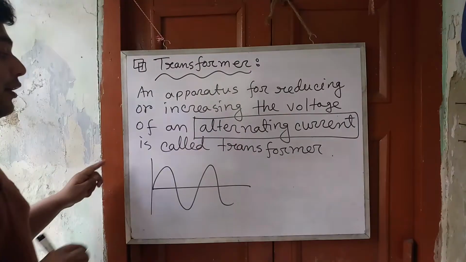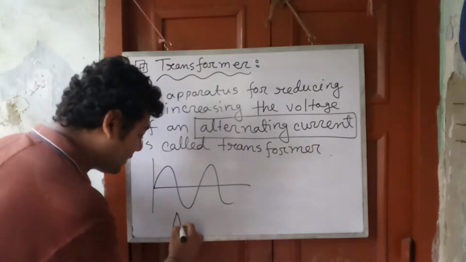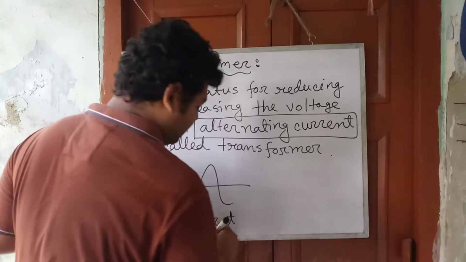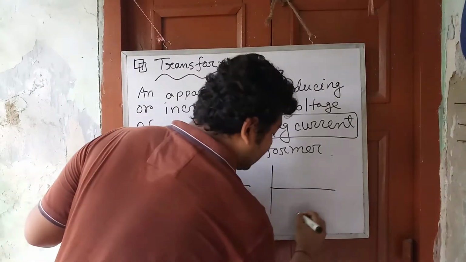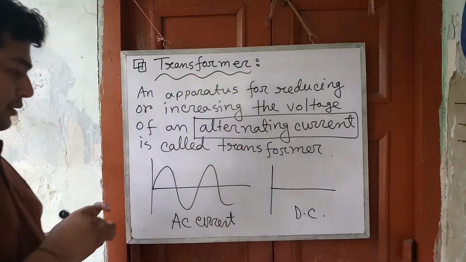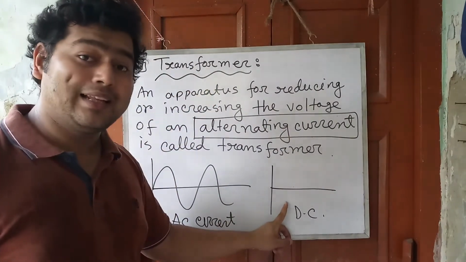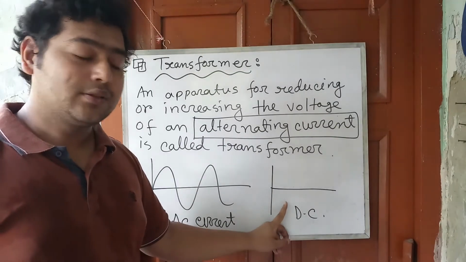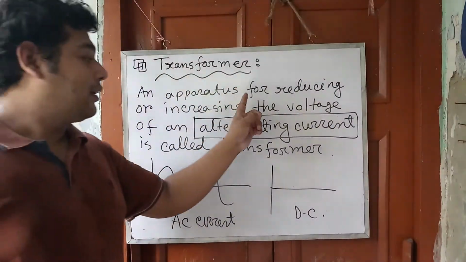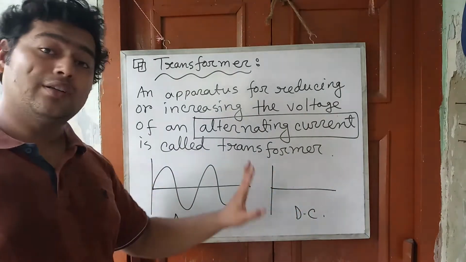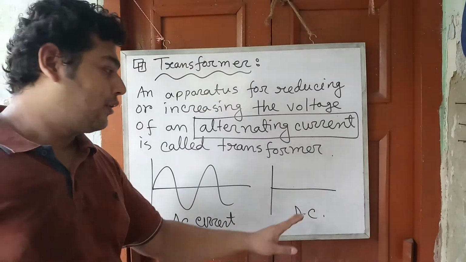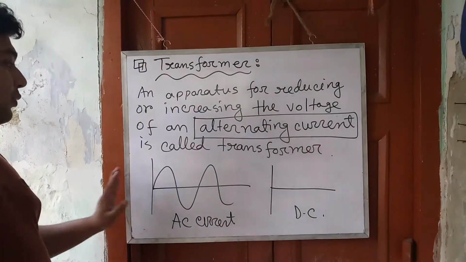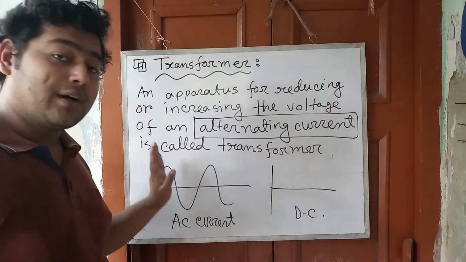We have two types of current: one is alternating current, AC current, and another is DC current, direct current. In direct current, there is no change of direction. So in a transformer, DC current is not used. We will use alternating current, AC current.